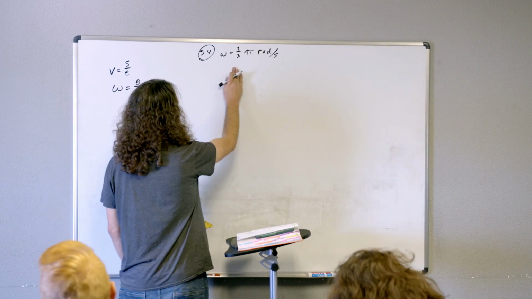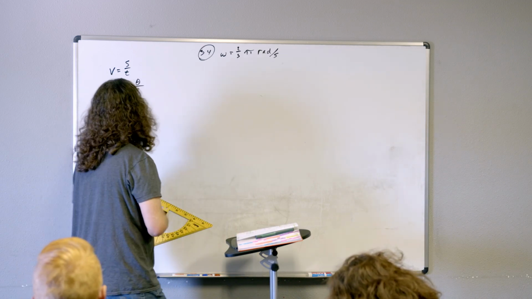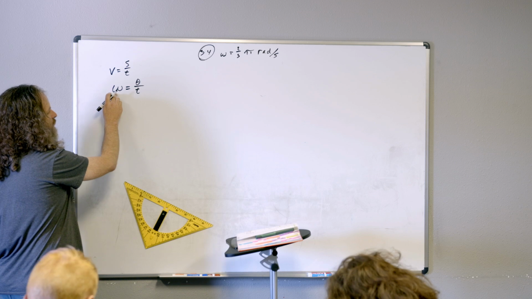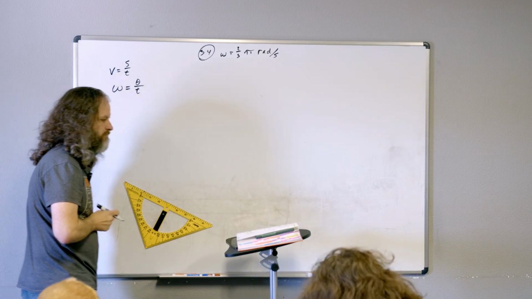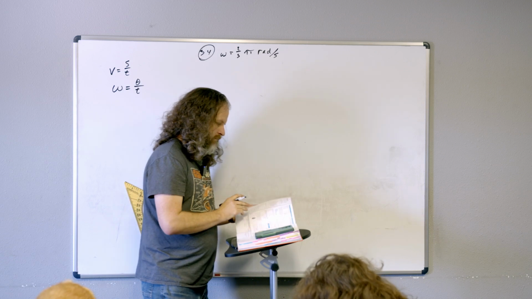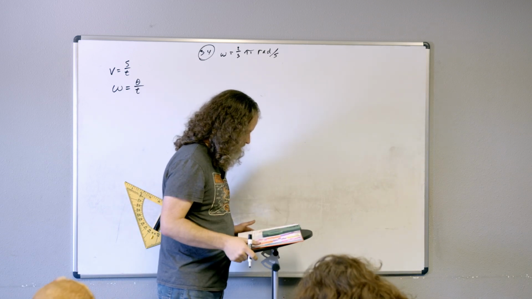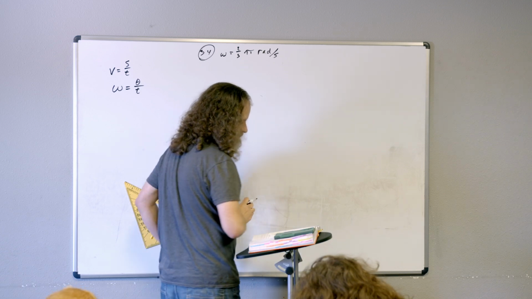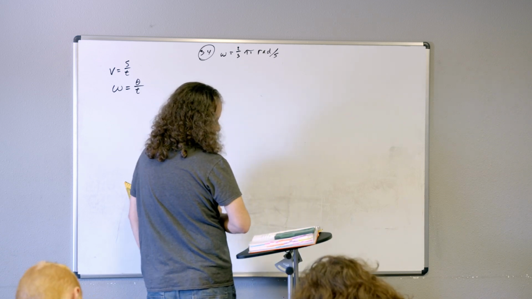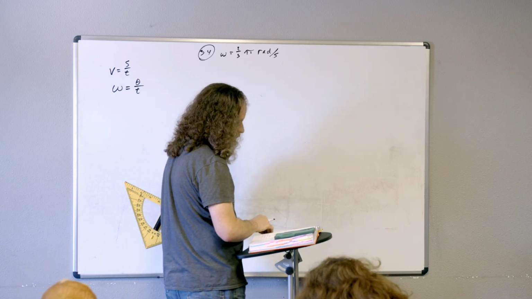But there it is. So how do I label it? I'll just write it down. This is angular speed. This is angle, this is time. Angular speed. And we're trying to figure out revolutions per minute given the angular speed. We are.